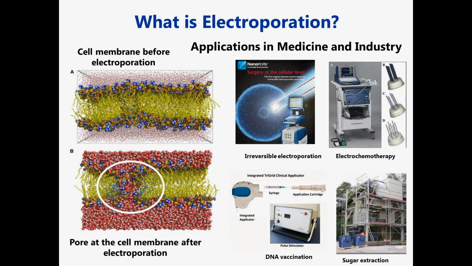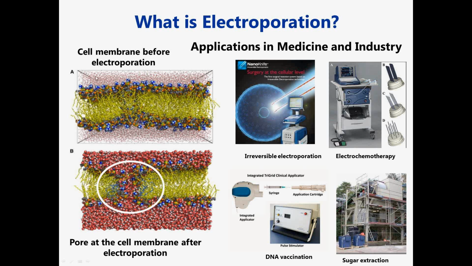The phenomenon of the permeabilization increase of the cell membrane by pulse electric fields is called electroporation. Electroporation is a phenomenon where the pulse electric fields increase the penetration or the permeabilization of the cell membrane to external substances. On the left, we can see how this looks. This is the cell membrane, and the yellow and bluish molecules are phospholipids, and here we use multimolecular simulations for this.